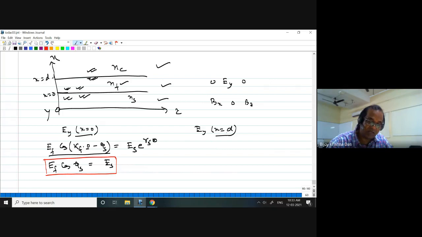Same thing if I put x equal to d: EF cosine of kappa f d minus phi s should be equal to the other side at x equal to d, which is EC e to the power minus gamma c (x minus d). With x equal to d, d minus d equals 0, so I get EF cosine of kappa f d minus phi s equal to EC.